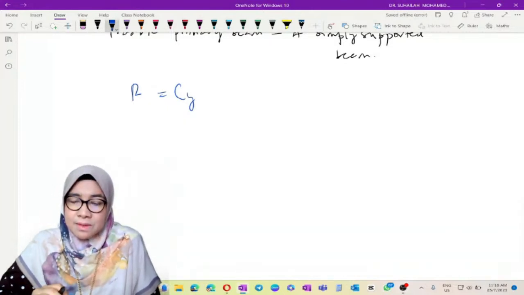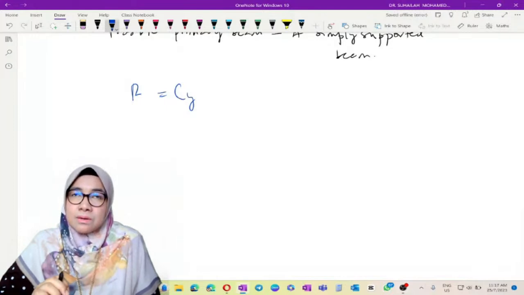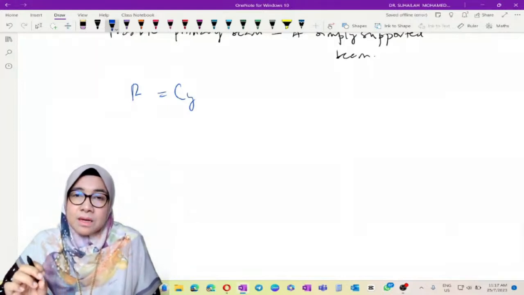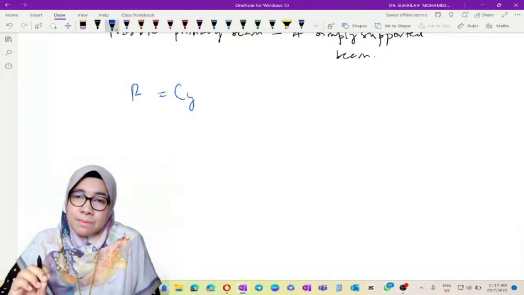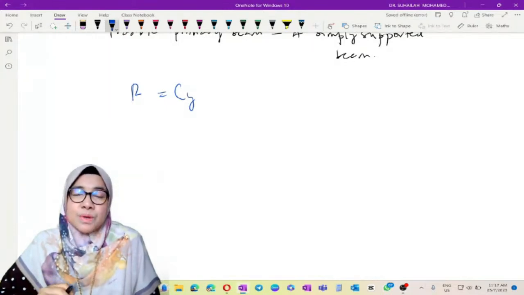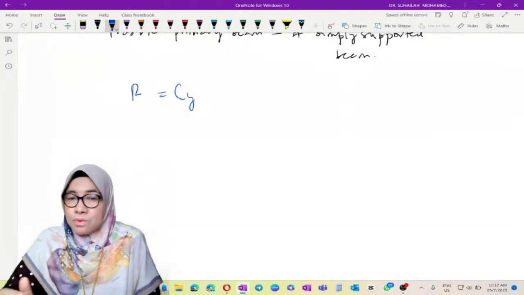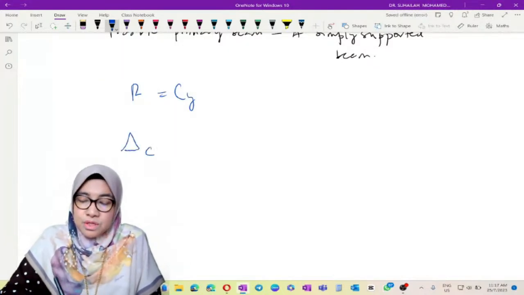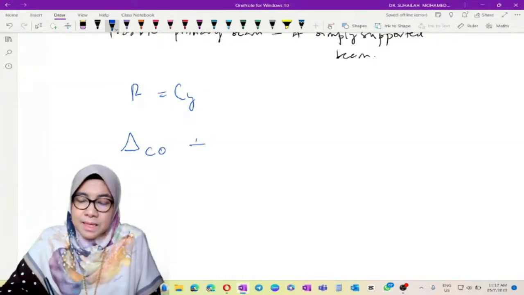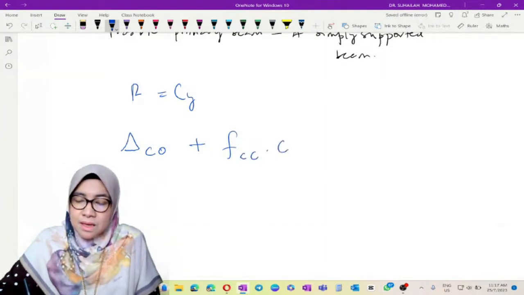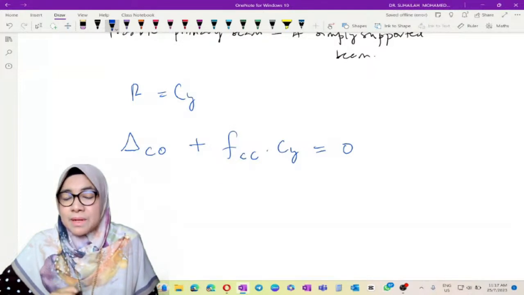Since the redundant is the vertical force at C, we have to look at the displacement occurring at position C. By applying the principle of superposition, we will write the compatibility equation, and it will look like this: delta at position C in the primary beam plus F, the flexibility coefficient, CC times CY, equal to 0. So this is the compatibility equation.